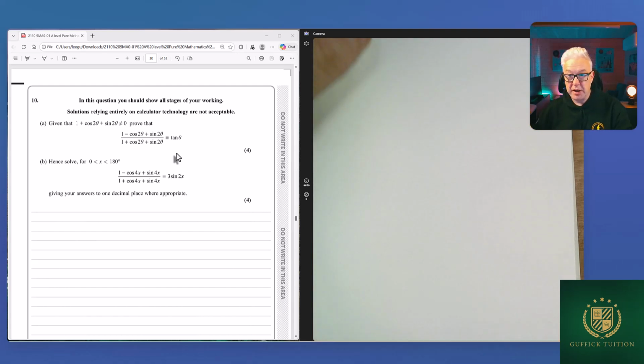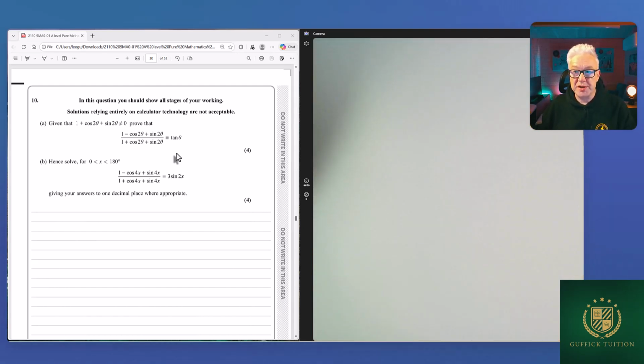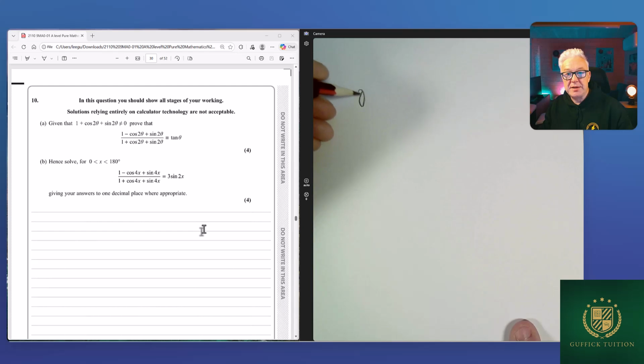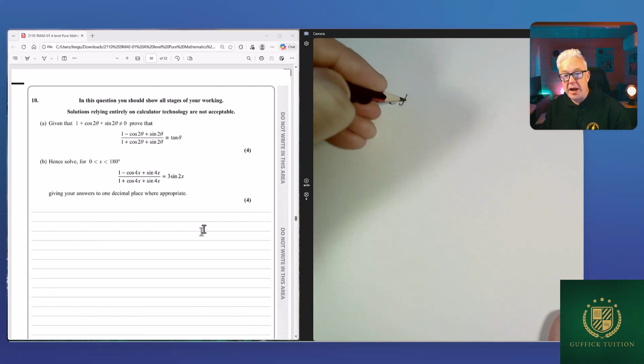Now the idea here is always to see what's the link between part A and part B. And this is quite a nice one as those links go, because we can see that our link is that theta is equal to 2x.